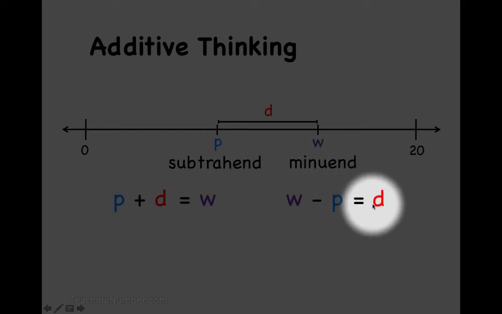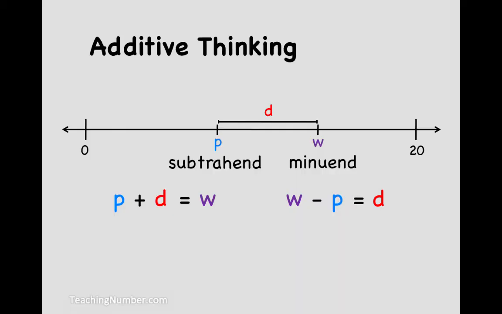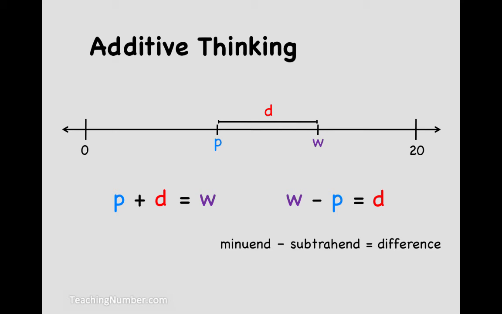One little bit of good news is that the difference is actually called the difference in the official terminology. So we have minuend minus subtrahend equals difference. But we could just as easily have said sum minus augend equals addend, because they are exactly the same quantities.